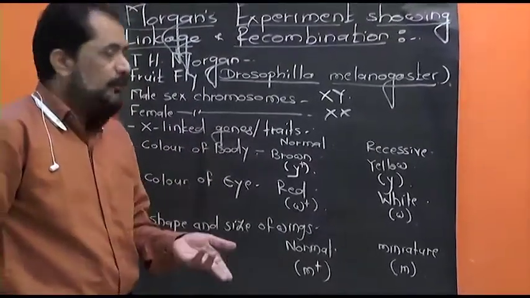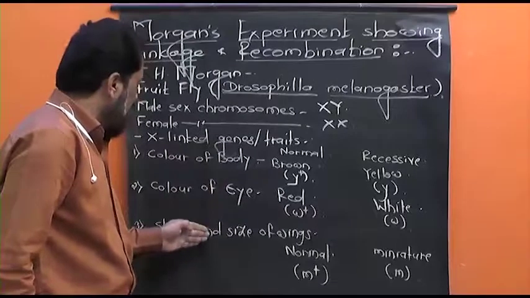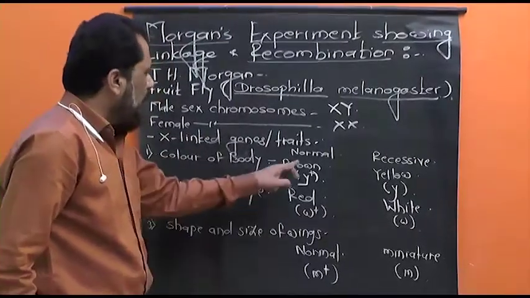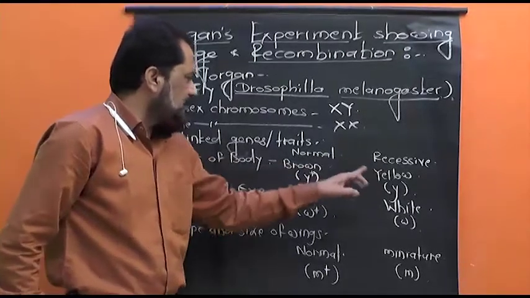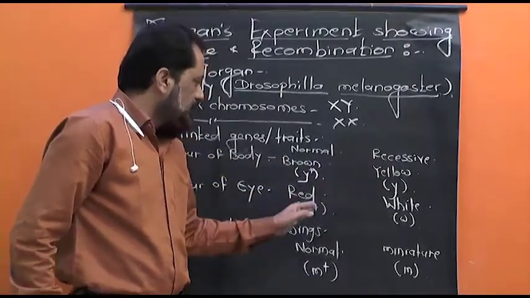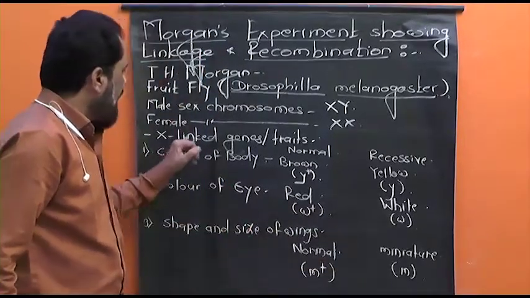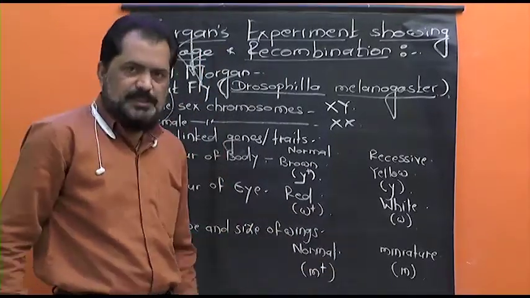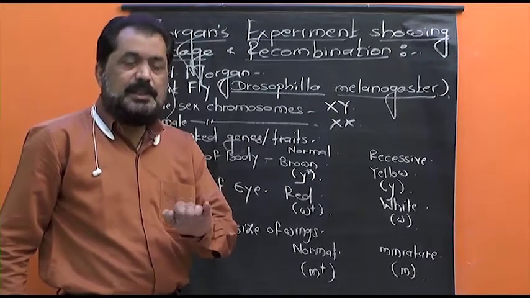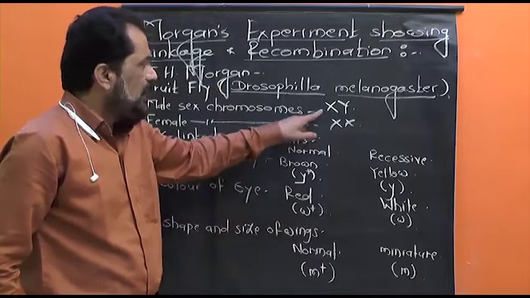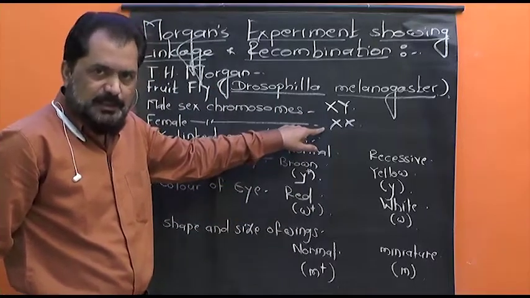Now we all are aware all these three are X-linked characters, and all these, that is Y plus Y, W plus W, M plus M, all these are the X-linked genes. Means these genes are present only on the X chromosome. Is that clear?